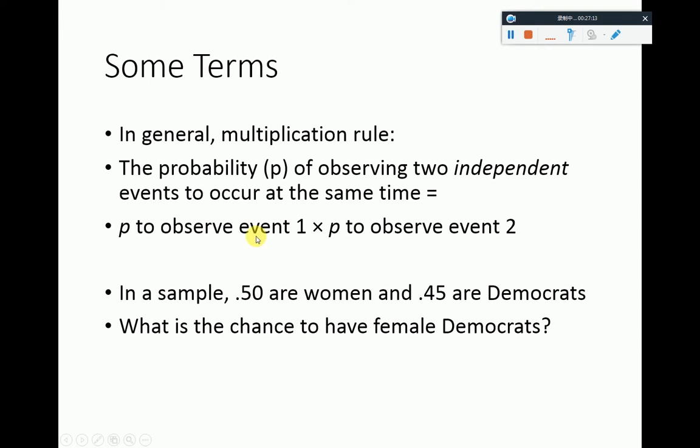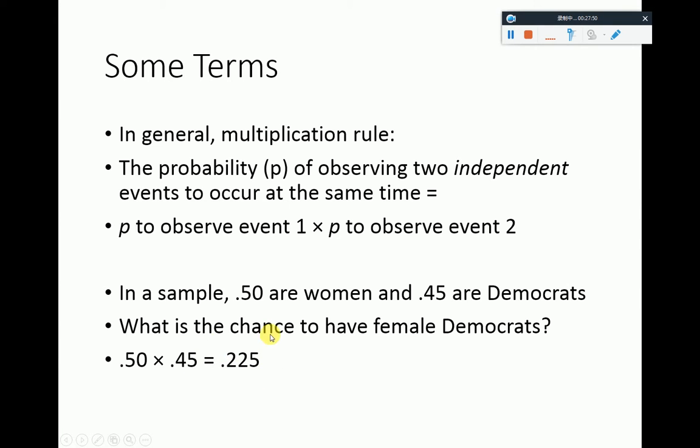Sound familiar? That's exactly the joint probability. Here's the key point. If we assume that being a woman is totally independent from being a Democrat, that is, if there is no association between being a woman and being a Democrat, then the probability of observing a female Democrat would exactly be, according to the multiplication rule, 0.5 times 0.45 equals 0.225.